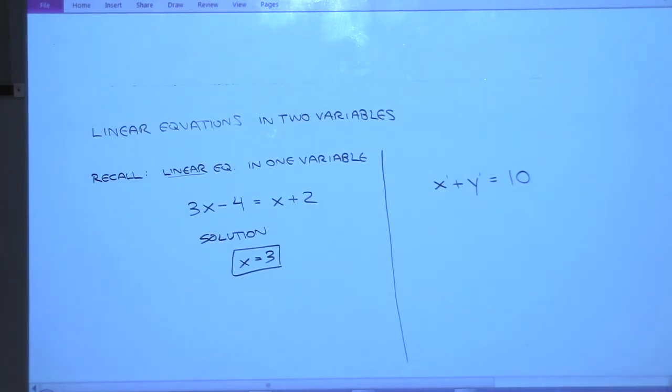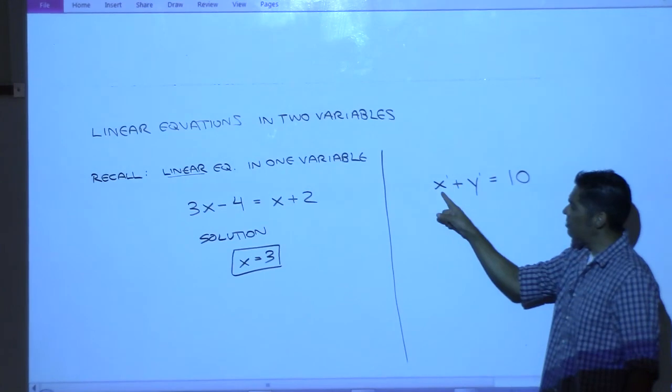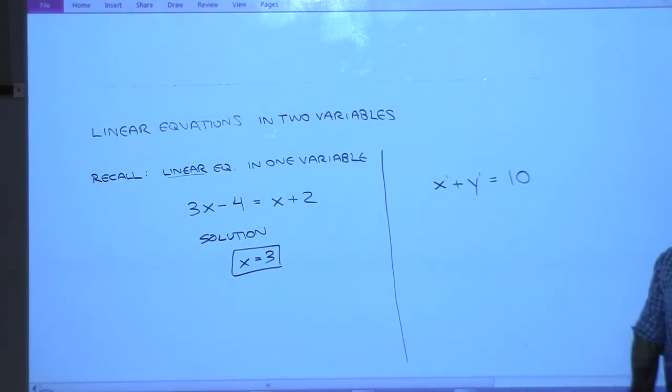So does anyone know where we're going with this? Like what a linear equation in two variables is going to lead us to? It's okay if you don't. No? Okay, then can somebody give me an x and give me a y that would make that true? 5 and 5, right?